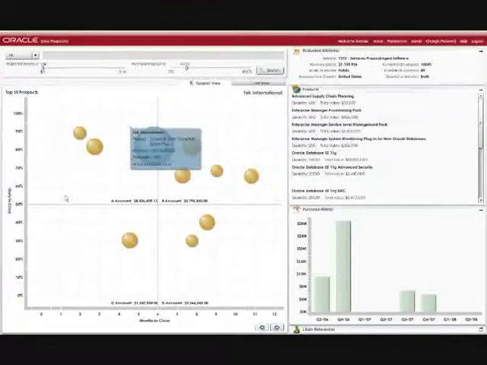So you can see here, without me actually doing anything, it's coming back with some bubbles of opportunity. But what I'm really interested in is saying, right, I want to see anything that's going to bring me in about half a million dollars, and I don't want low probability. I want something up in the high 70s of probability of closing.